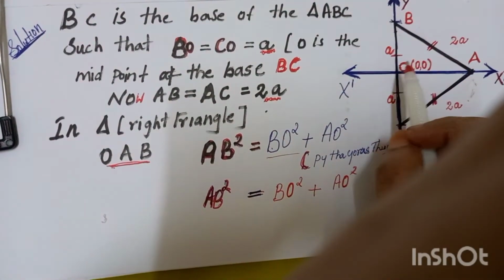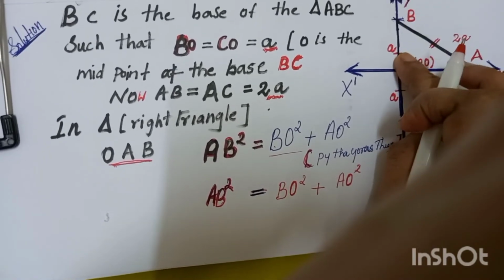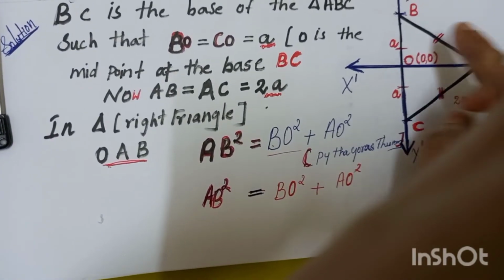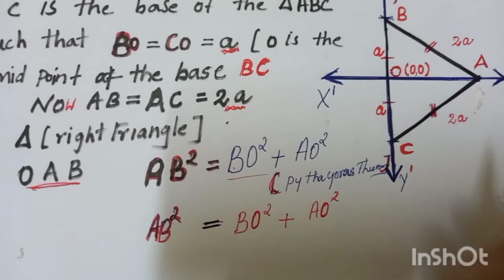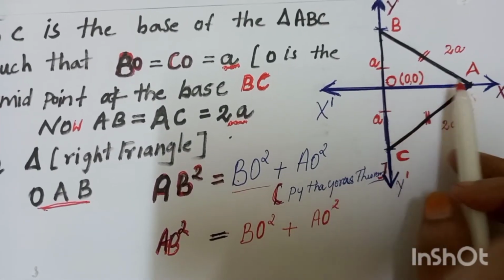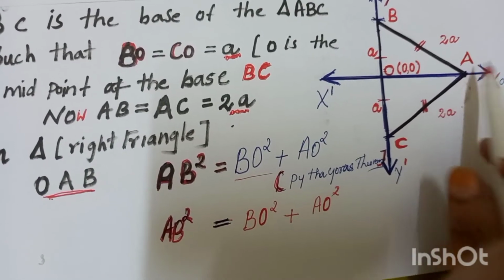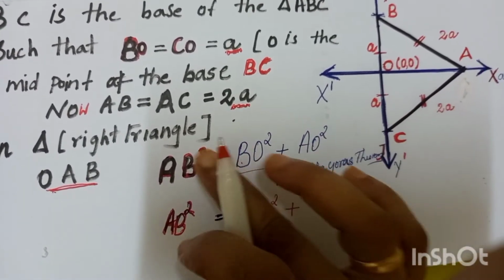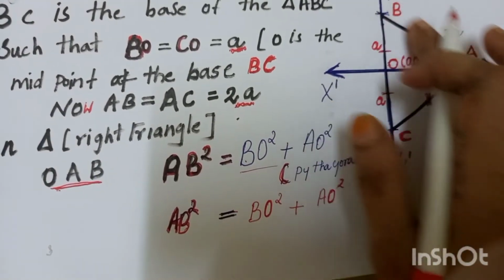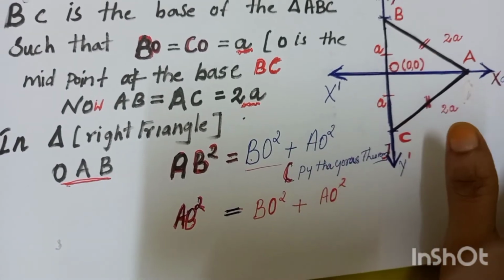For that purpose, consider this right triangle OAB. By using the Pythagoras property, the hypotenuse square, AB square, is equal to base square plus altitude square.